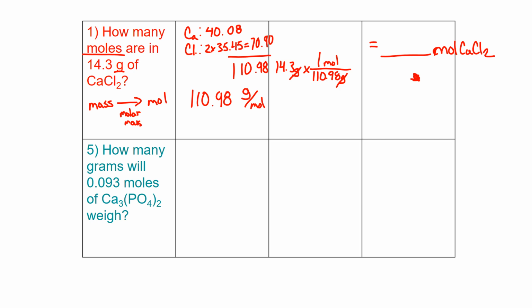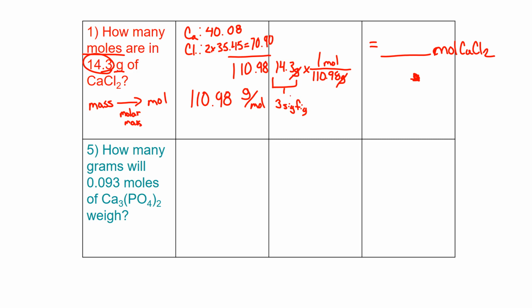So what should I come up with for my moles of CaCl2? Looking at this, my 14.3 is in 3 sig figs.